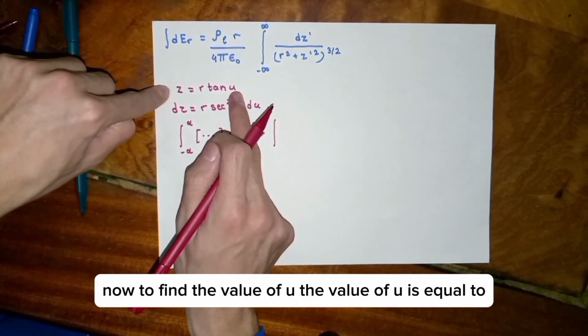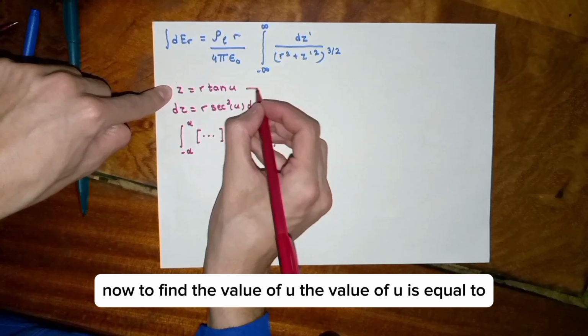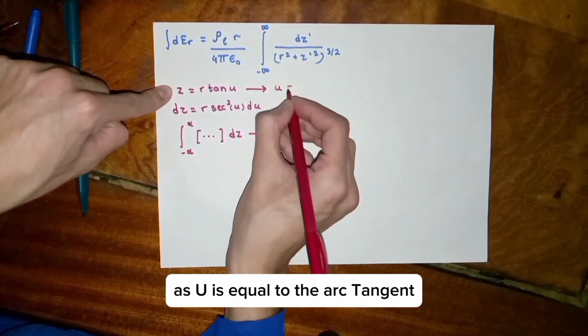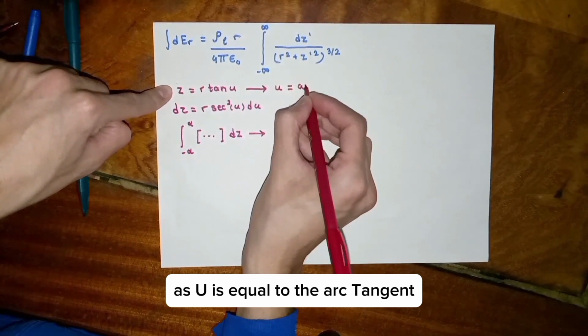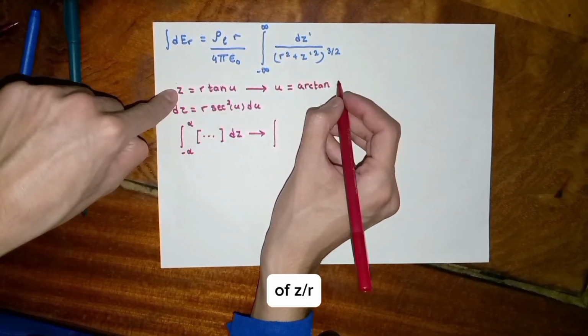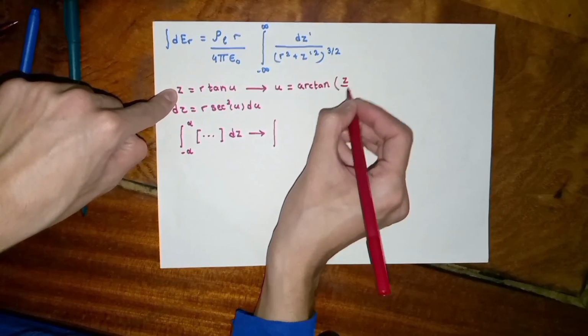Now, to find the value of u, the value of u is equal to the arctangent of z over r.